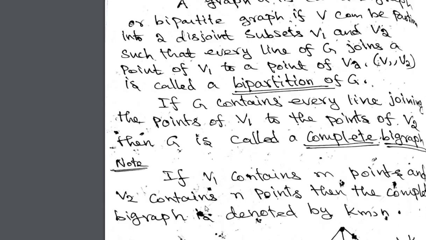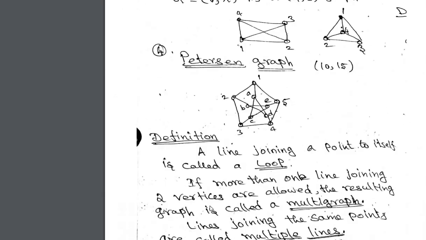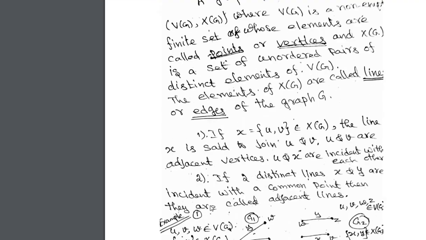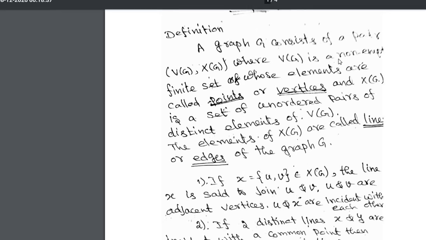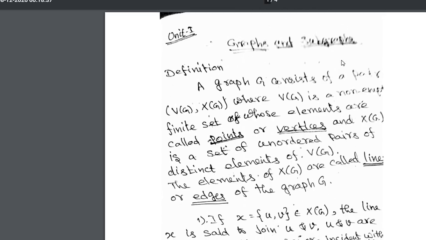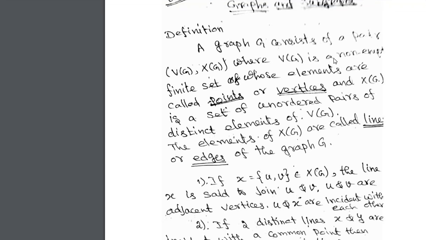So now what we have studied from the beginning, once again I explain the concept or recall it once. In today's class we have studied graphs and subgraphs, graph definitions and examples, and some more definitions of graphs.